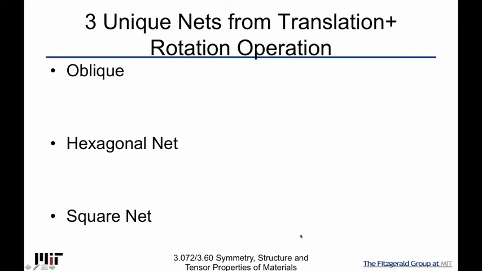So when we add the different fold axes, 2, 3, 4, and 6, you actually only get 3 unique combinations. And just to summarize, we have the oblique net. The two-fold axis didn't do anything, if you recall, to this.